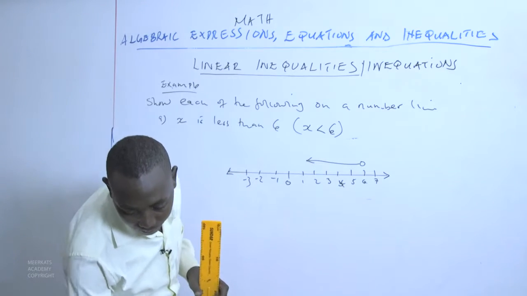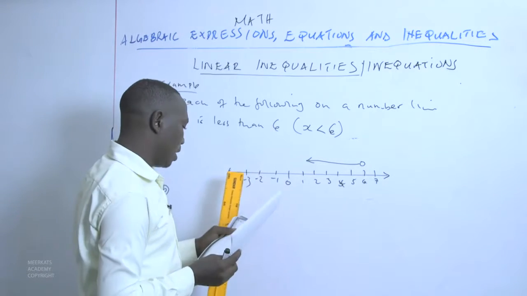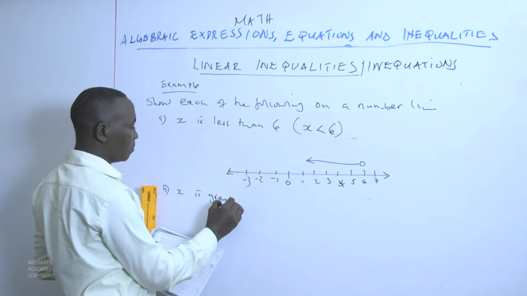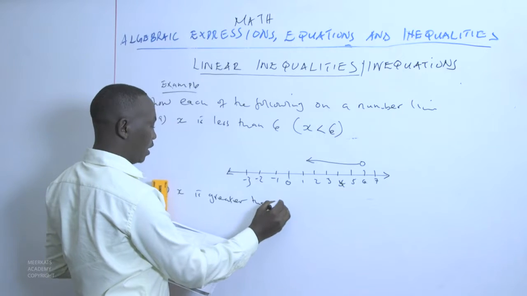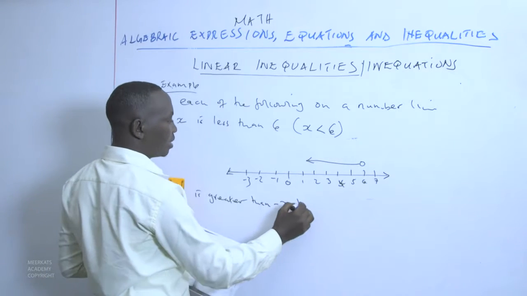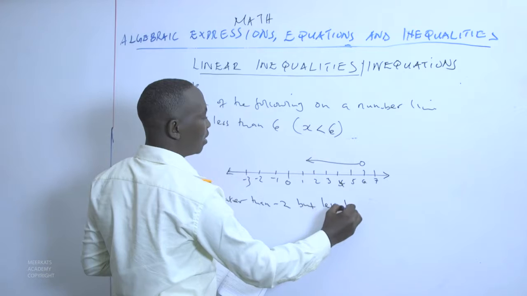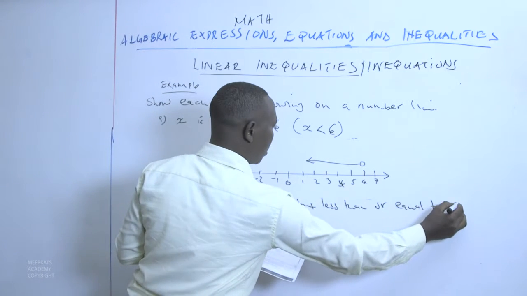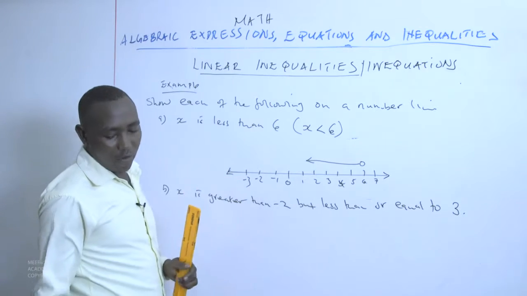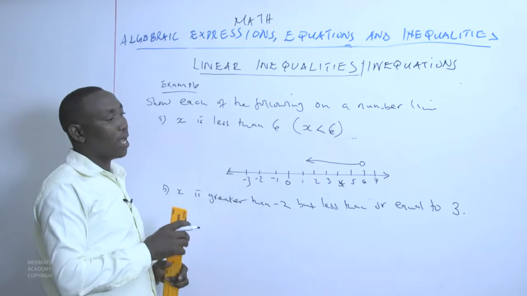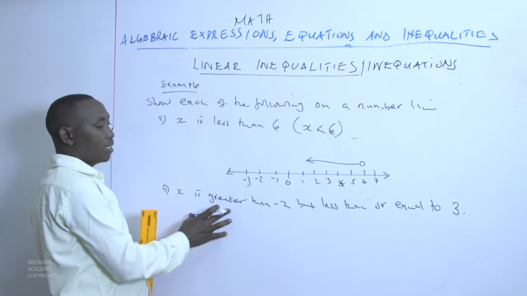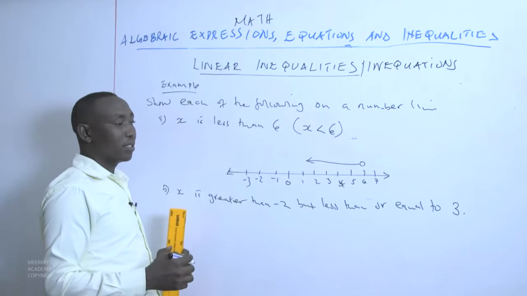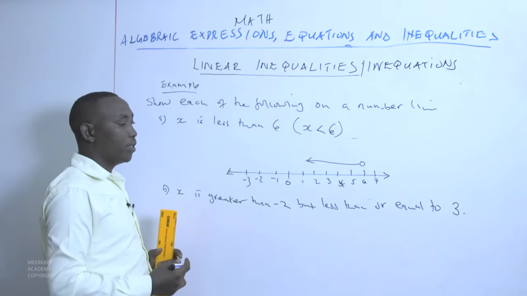Part B, x is greater than -2 but less than or equal to 3. If we were to express this one as a statement, we have been told that x is greater than -2, and at the same time the same x is either less than or equal to 3.